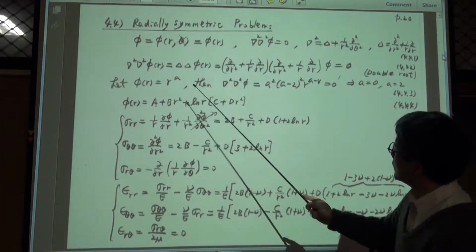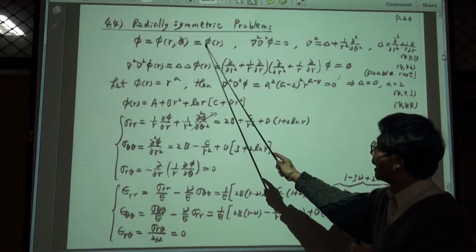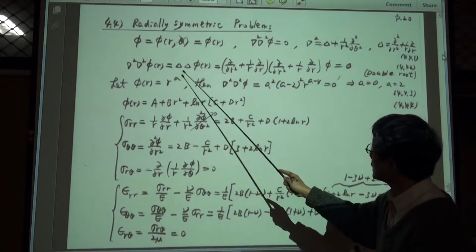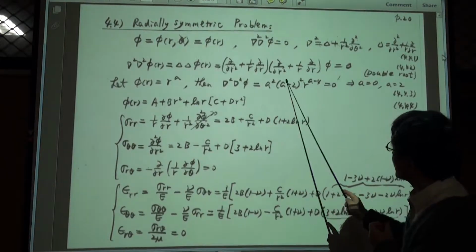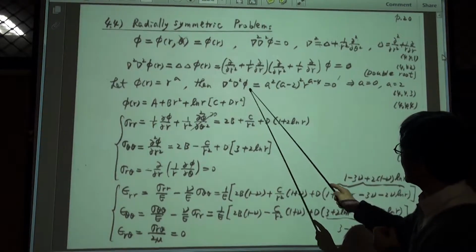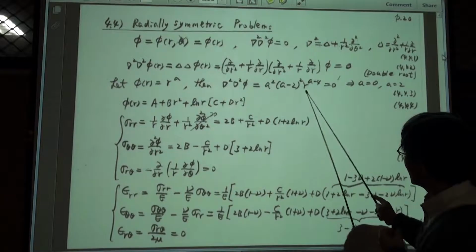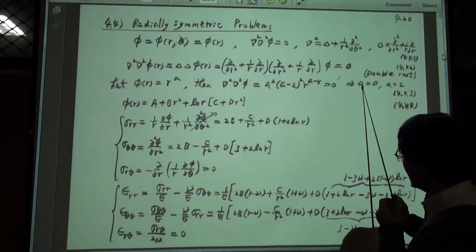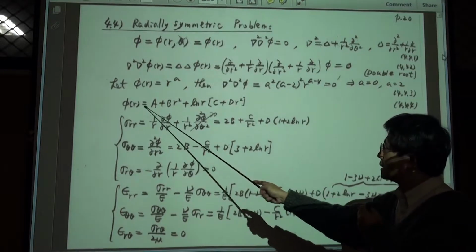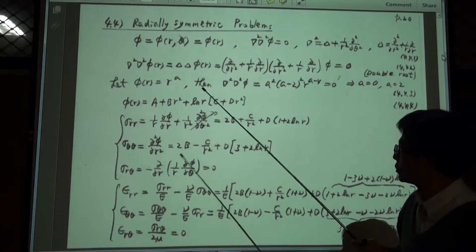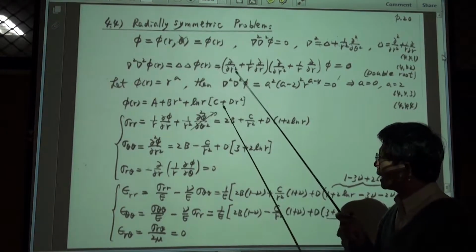Now we get back to here. Phi equals phi(r). We put this into this form, and then let phi(r) equal r^a. After some calculation, the result will be like this, and then we get two roots, a equals 0 and a equals 2, and then we get this general solution. We have already obtained such a solution before.